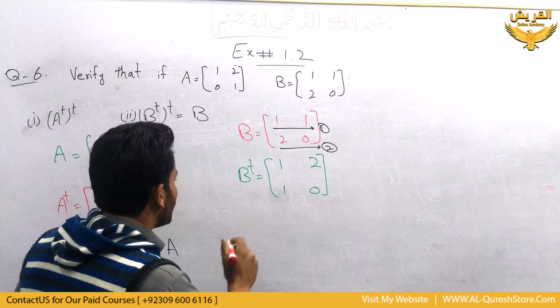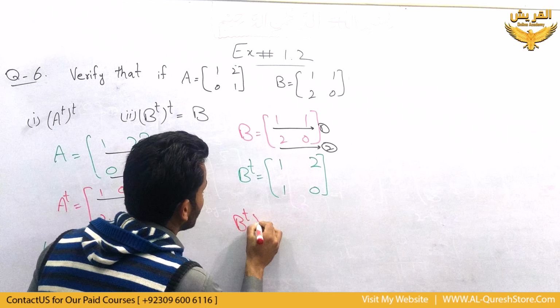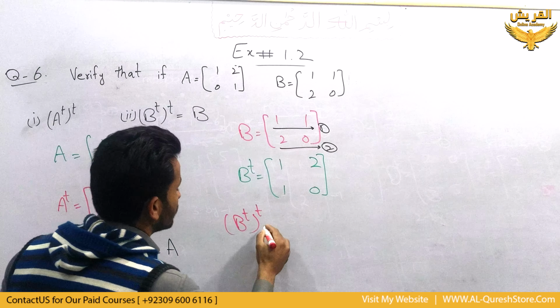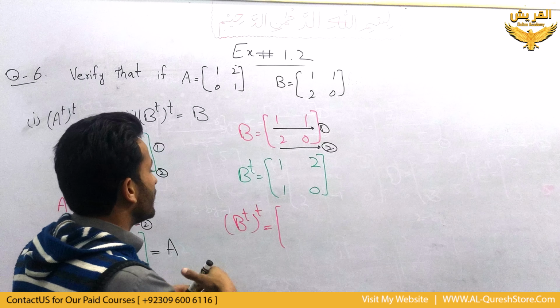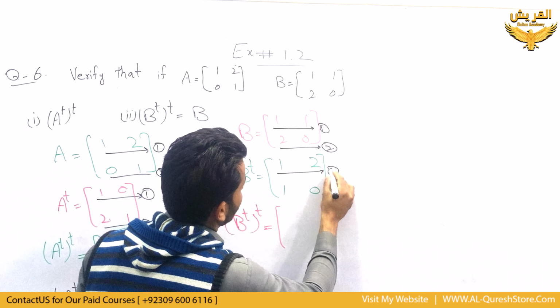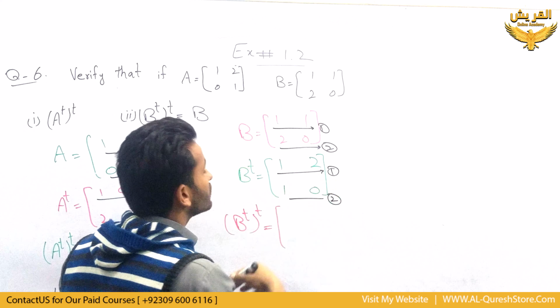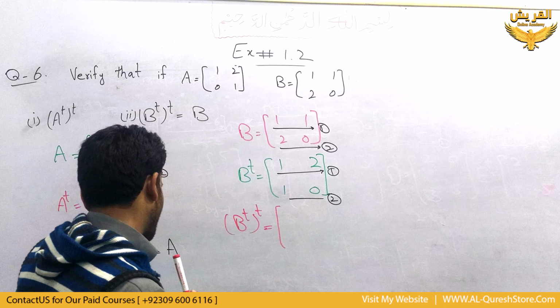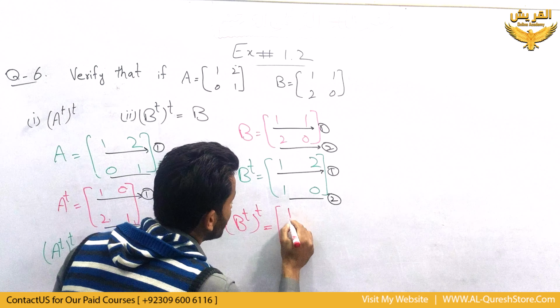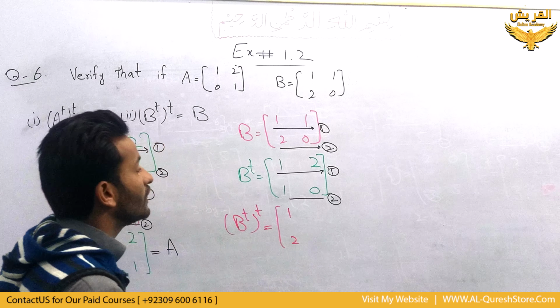In the next case, we have to find the transpose of matrix B transpose. First row changes into first column and second row changes into second column. First row is 1, 2, having entries 1 and 2, which changes into first column 1 and 2.